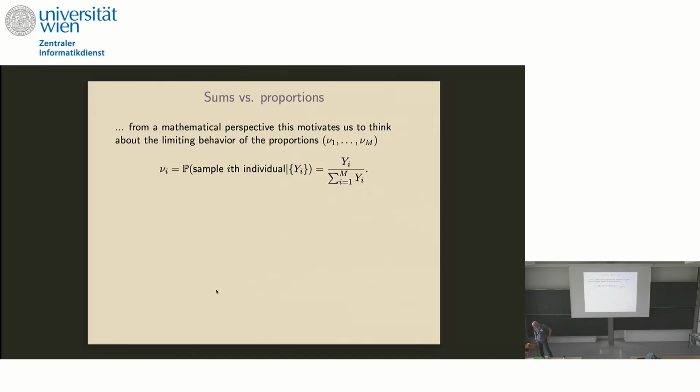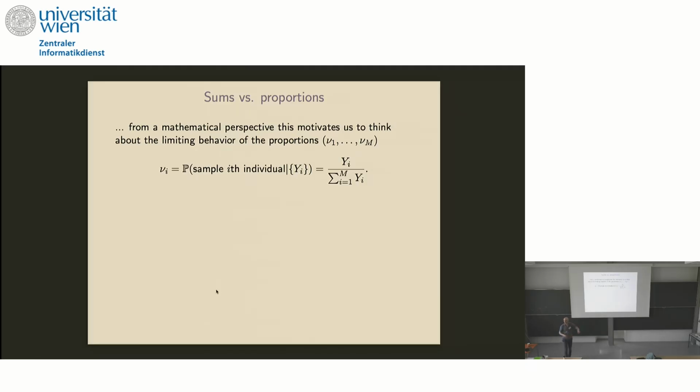Now, getting into the mathematical literature that has been inspired by these biological contexts, how is it related to Luria-Delbruck? Well, Luria-Delbruck is looking at summing up a bunch of power law distributed random variables.